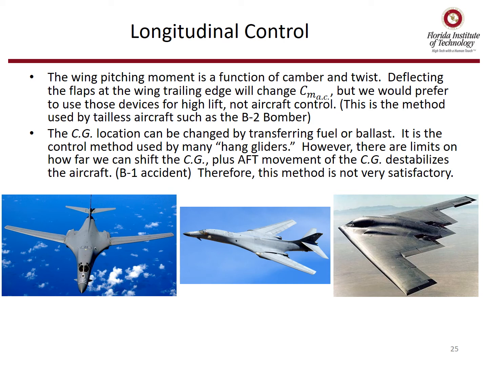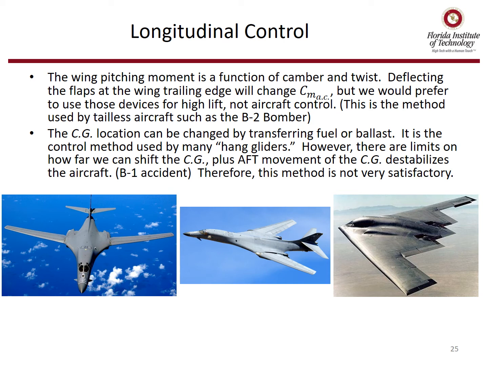You don't have a tail. So in that case, they do have to use flaps and other devices on the main wing for aircraft control. But for your average aircraft, the tail, again, is going to be the most important part that we use to change our CL.